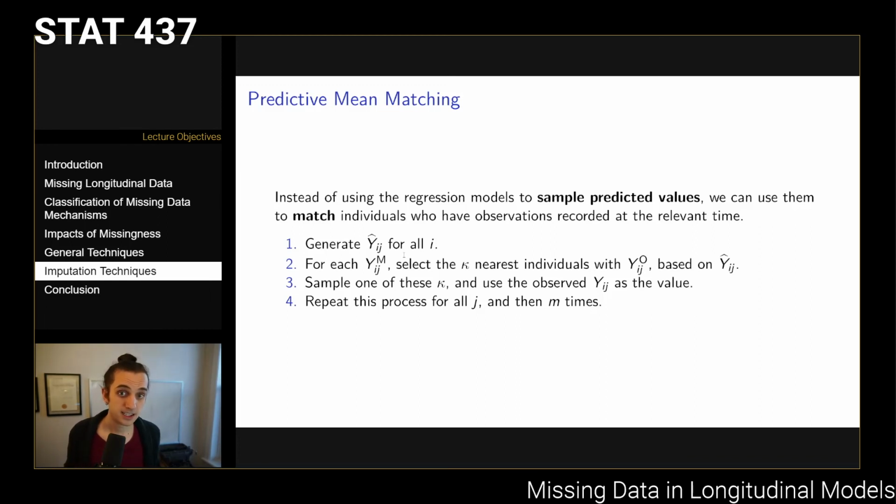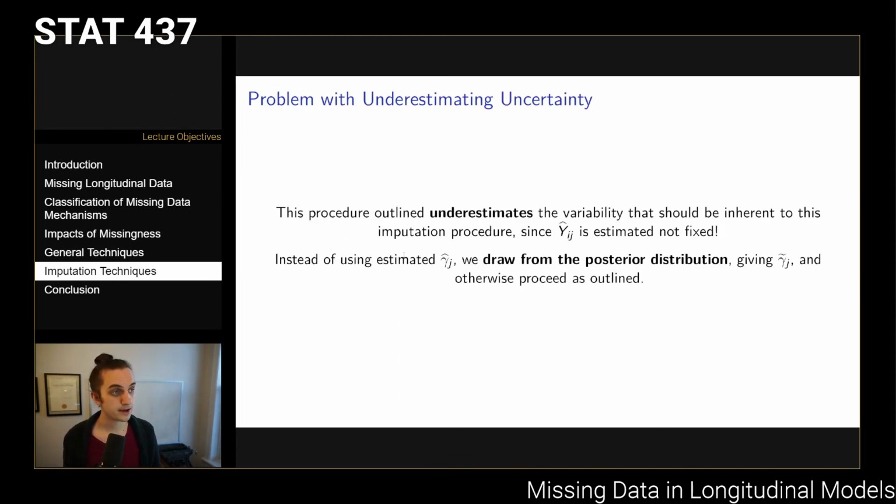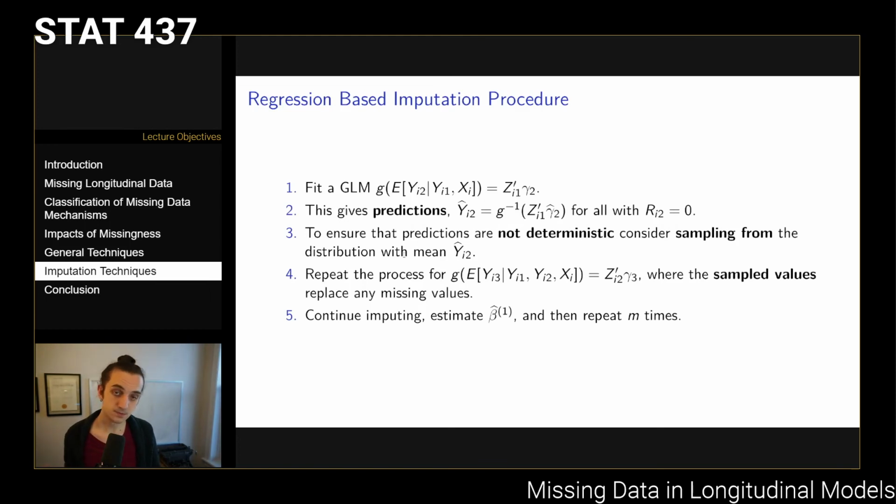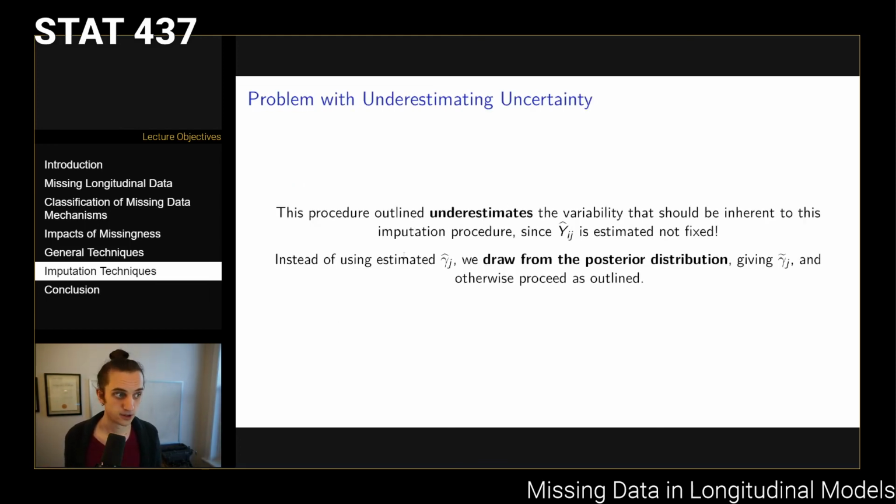The second benefit is that you actually can misspecify the model slightly, and this is still going to be valid. In the regression case, you have to correctly specify the actual outcome model in order to make valid predictions.